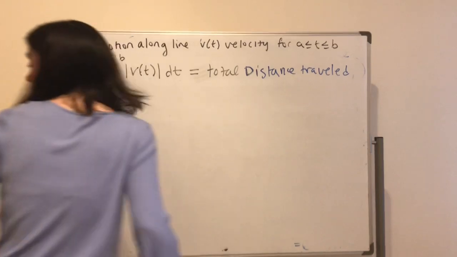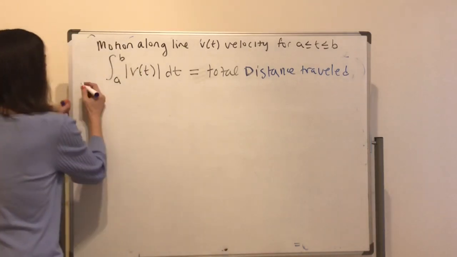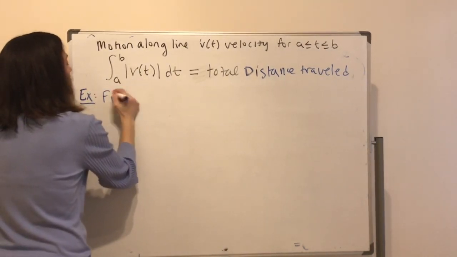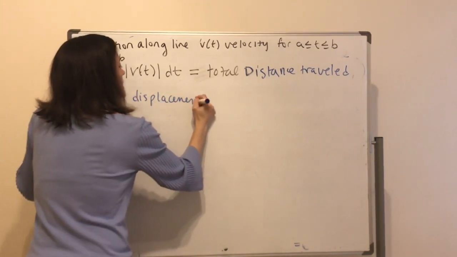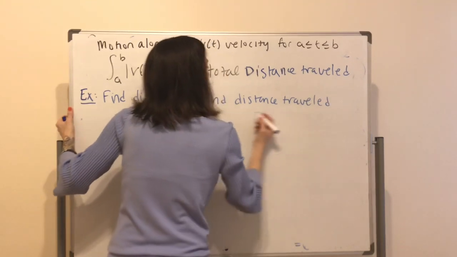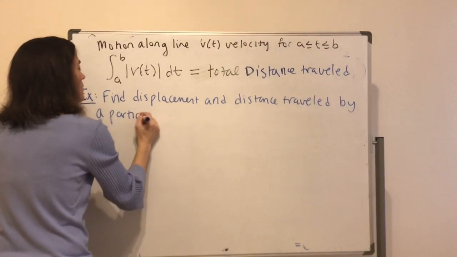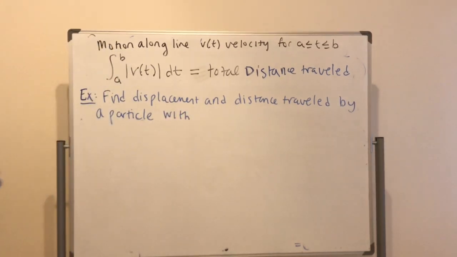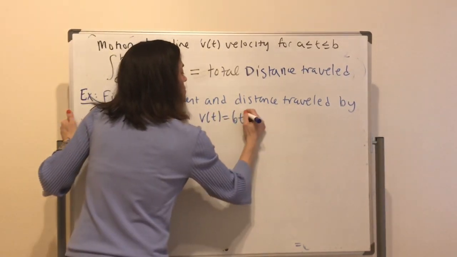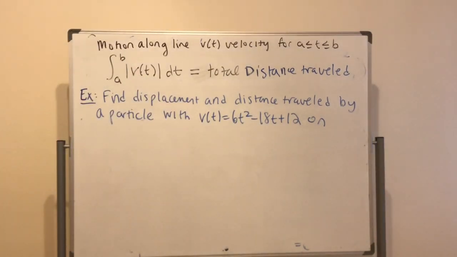Okay, so let's see what my example is over here. We want to find the displacement and distance traveled by a particle with velocity 6t squared minus 18t plus 12, on the interval 0 to 2.